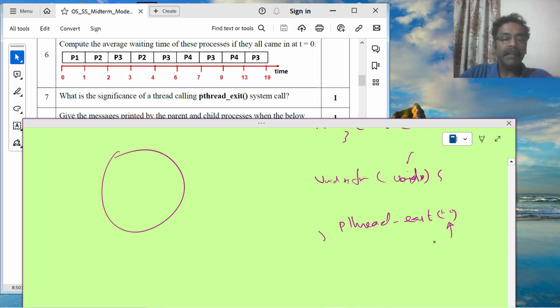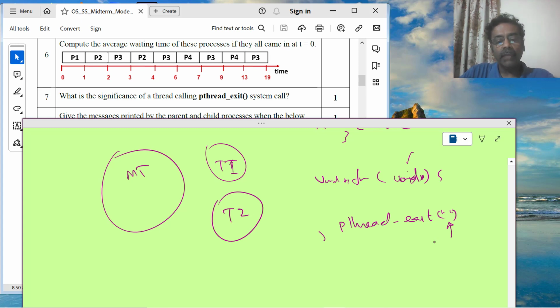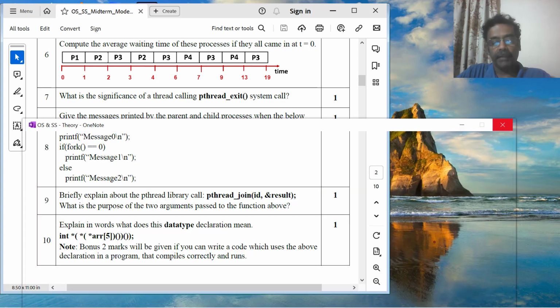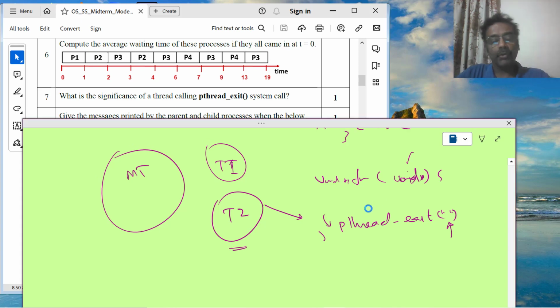Take the main thread or some other threads, T1, T2. If one of them calls pthread exit, the thread calling it is going to stop execution. That means its PID is going to be there, but it may be removed.